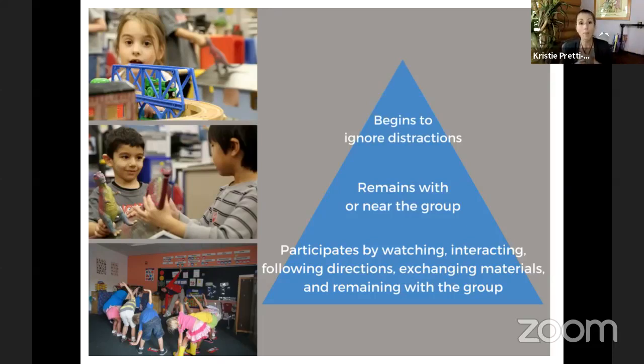Some kids are practicing remaining near or with the group, and some kids are working on ignoring distractions. So in the same activity, I tier or differentiate what is being taught, but it's in the same activity and almost invisible to anybody who would be watching. And so that is what differentiation in the early years looks like.